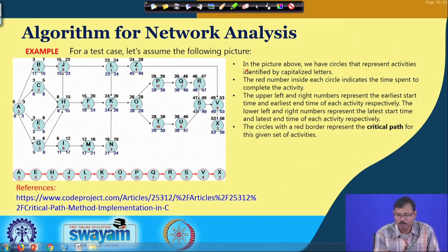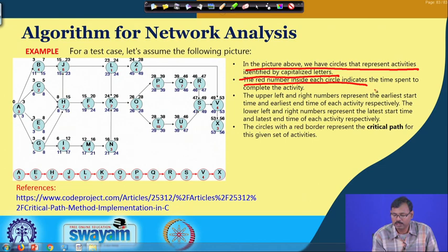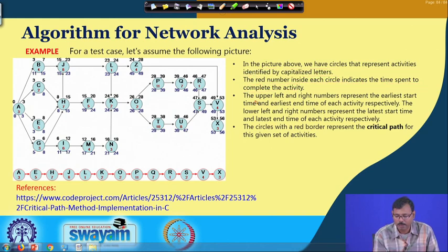So, you can see in the picture above, we have circles representing activities identified by capital letters. The red numbers inside each circle indicate the time. The upper left and right numbers represent the early start time and early end time of the nodes.